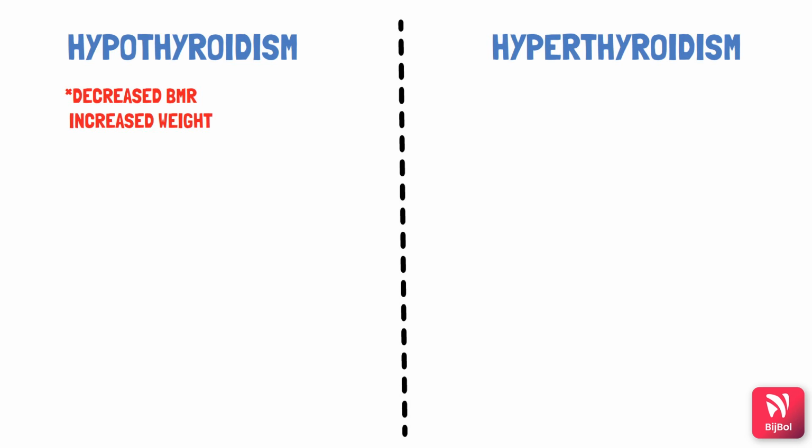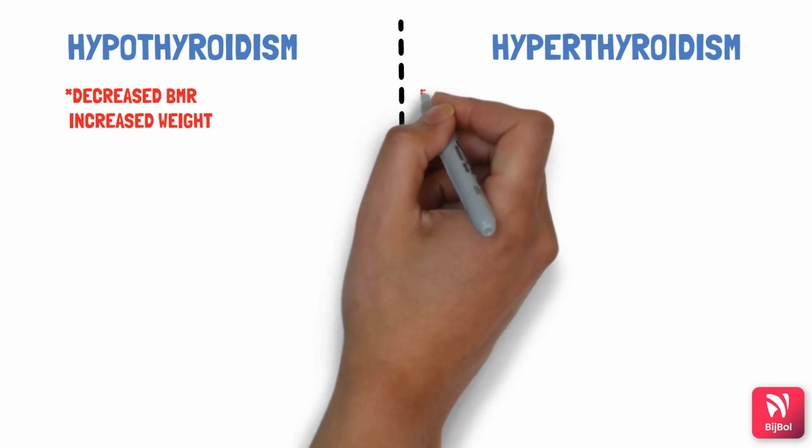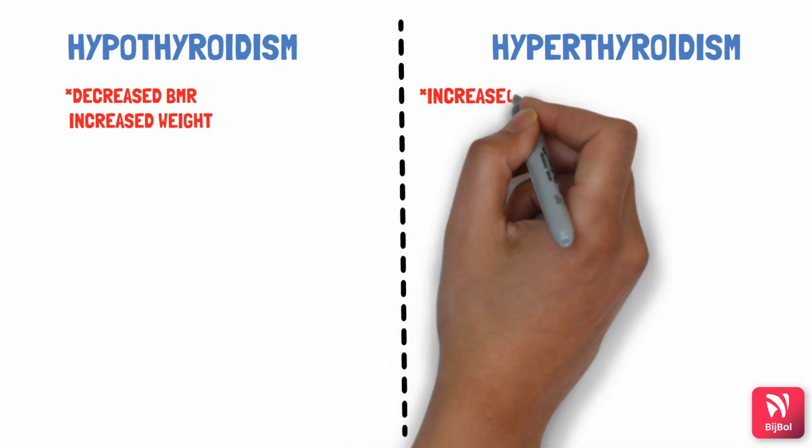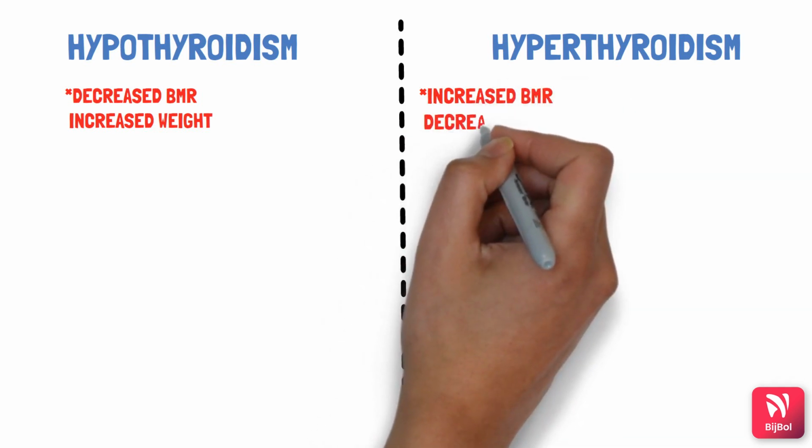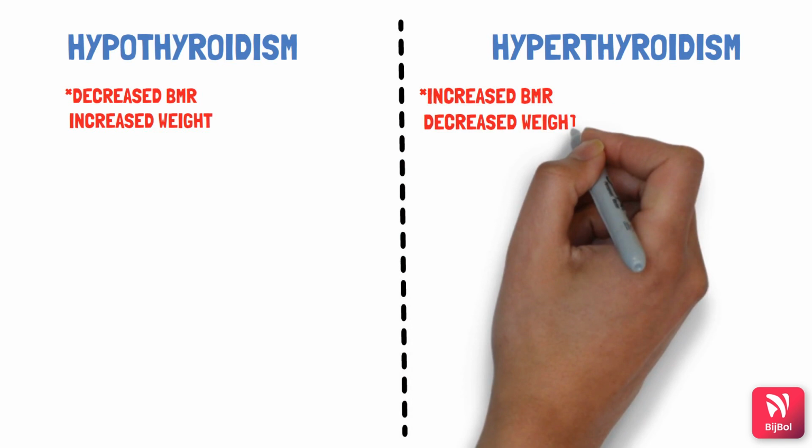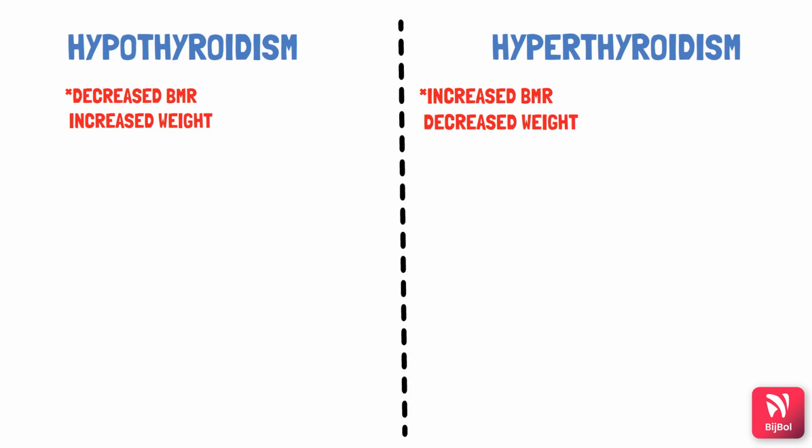As there is decreased basal metabolic rate, the body doesn't break down stuff easily, so this results in weight gain. Whereas in hyperthyroidism, in contrast, because of increased thyroxine hormone, there is increased basal metabolic rate. So there is faster breaking down of stuff in the body, and this results in weight loss. So hypothyroidism results in weight gain, hyperthyroidism results in weight loss.